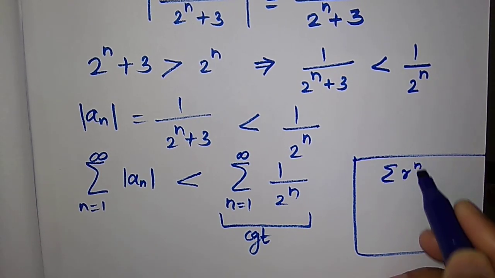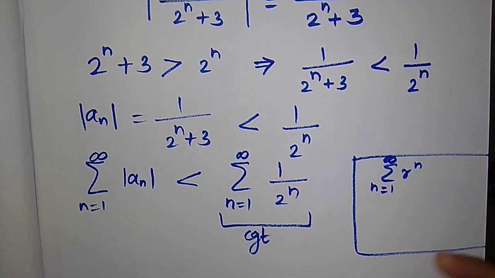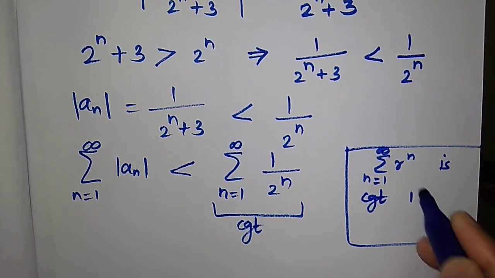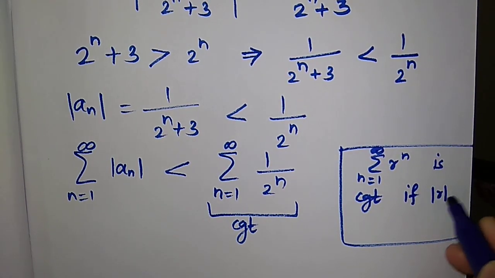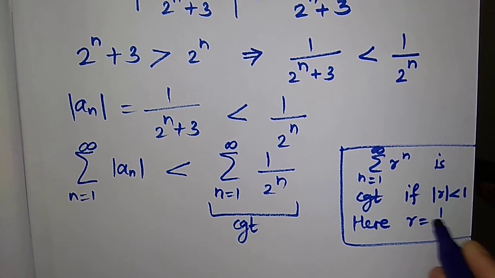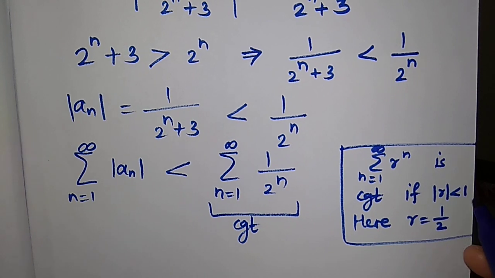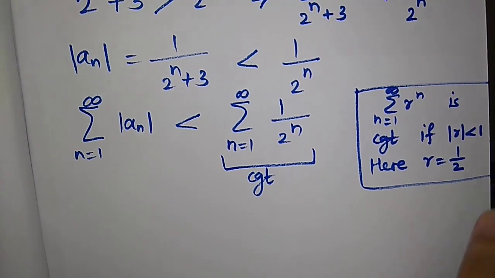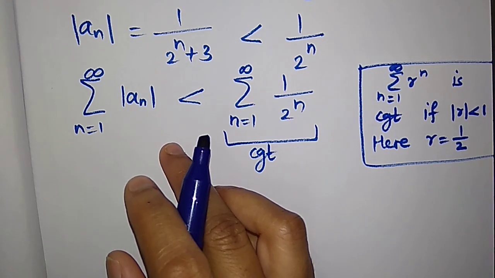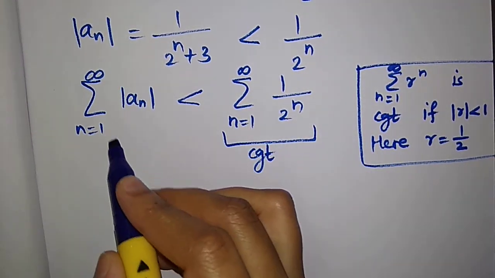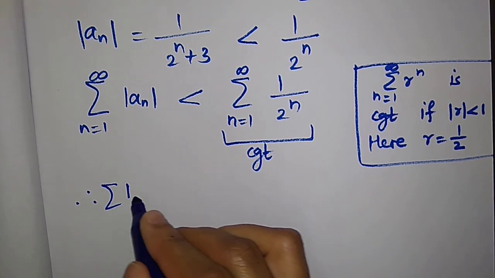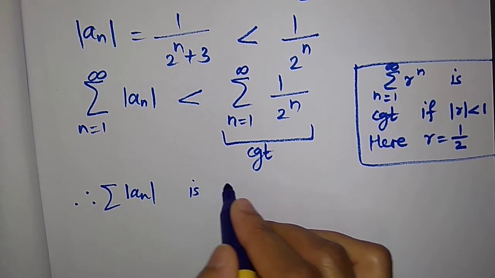Summation r^n, where n runs from 1 to infinity, is convergent if modulus of r is less than 1, and here r is equal to 1 by 2, so it is clearly less than 1. So this dominating series is convergent, and by the comparison test, summation mod a_n is convergent.